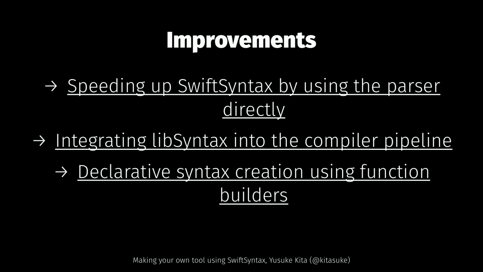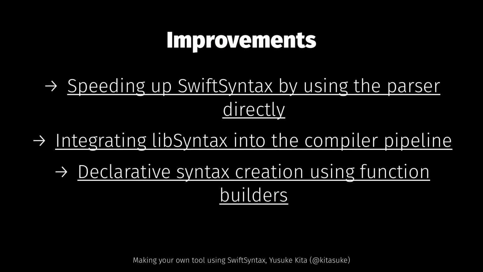And the last one is pretty interesting because one of the contributors is going to use function builders for syntax creation. So I mentioned the syntax factory, right? That's static functions. So we have to call static functions again and again and again. But what if we can express that by using function builders? It's going to be more declarative and easy to understand. So that's something I think is a more expressive way for SwiftSyntax.